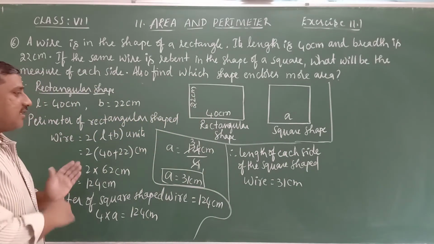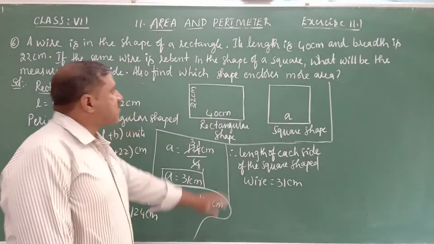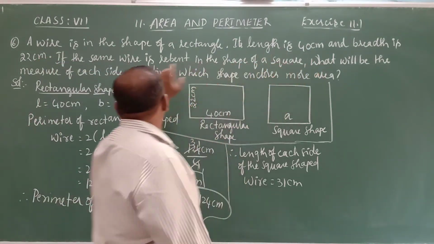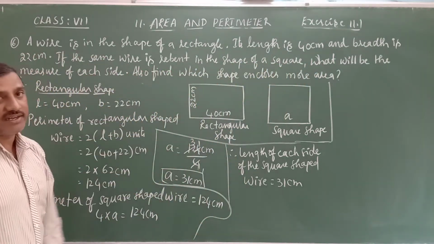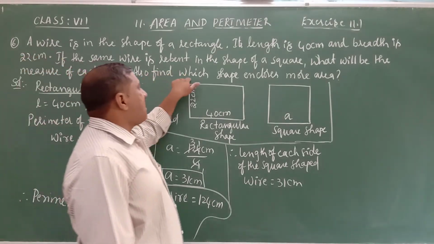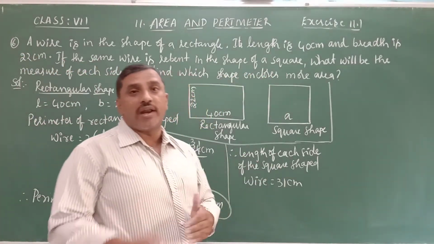Now we know the length of each side of the square wire. Also find which shape encloses more area.